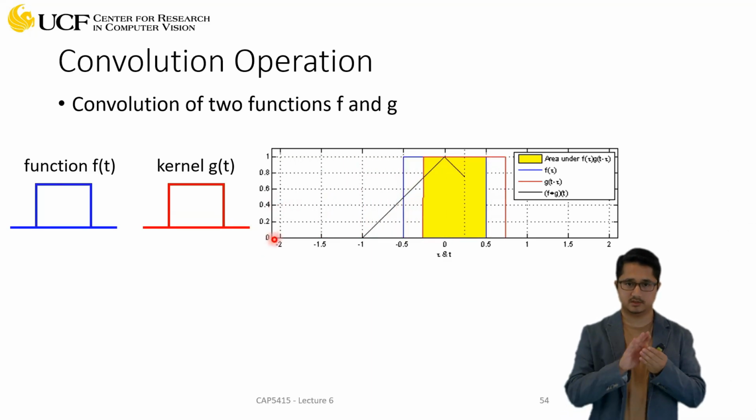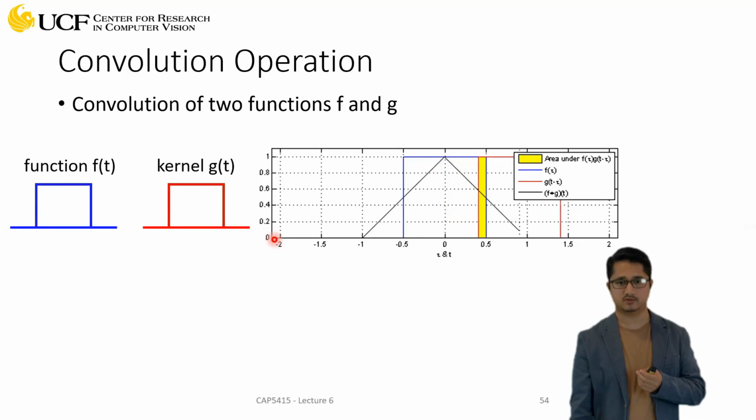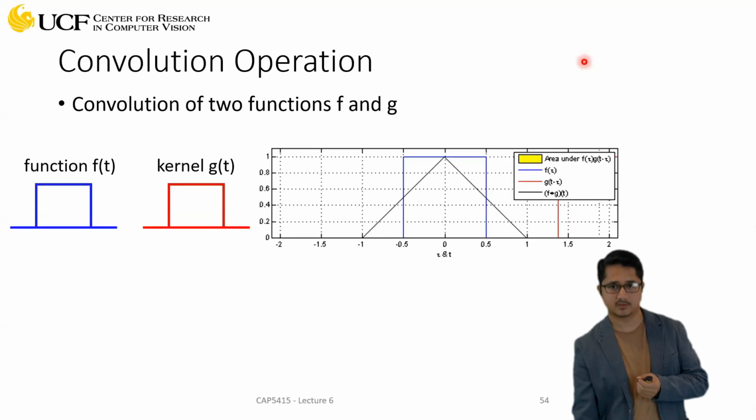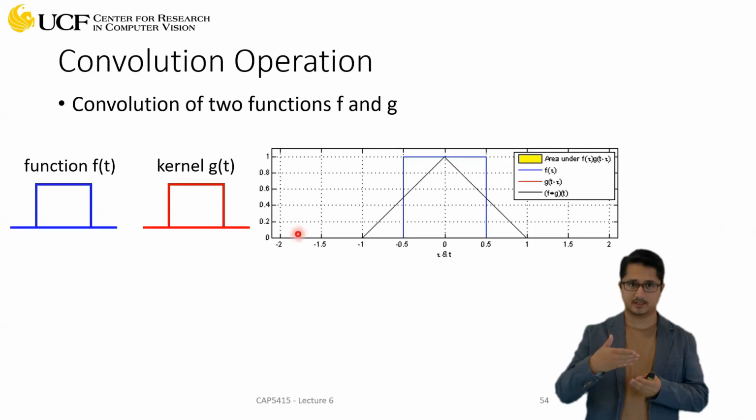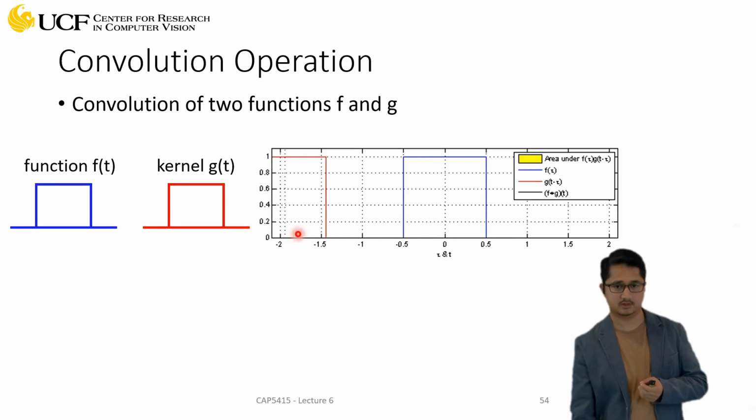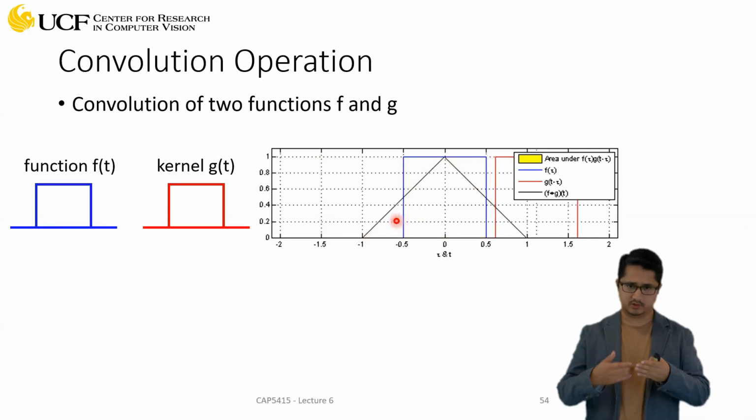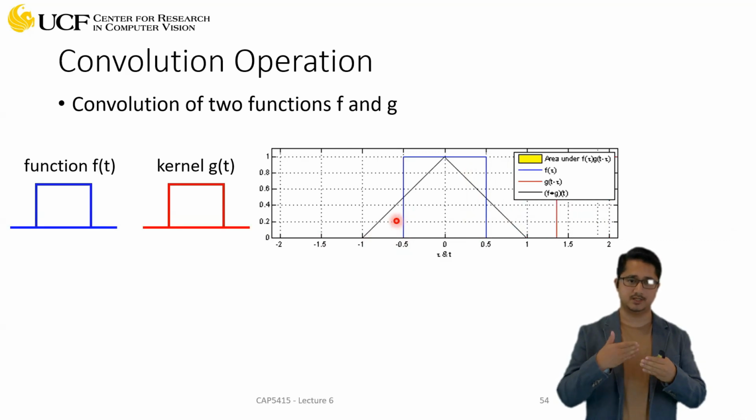Now what you will do is you will stride your kernel towards the right. Okay, and then you will keep computing that convolution value. So you keep moving towards right, and you can see still it's 0, it's 0, it's 0. But as soon as you reach this location, you're seeing some kind of overlap between the kernel and the function.